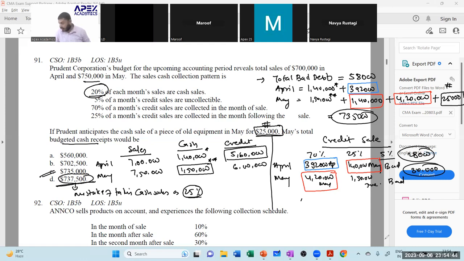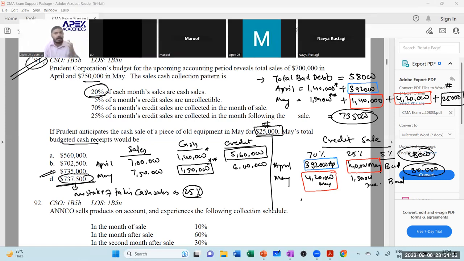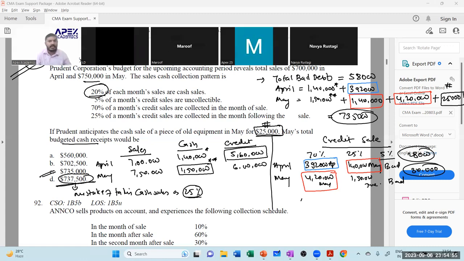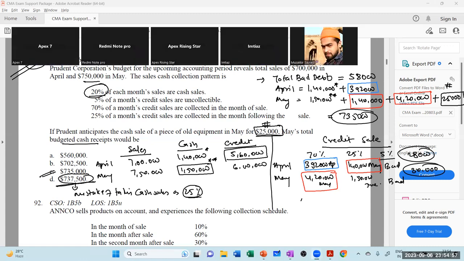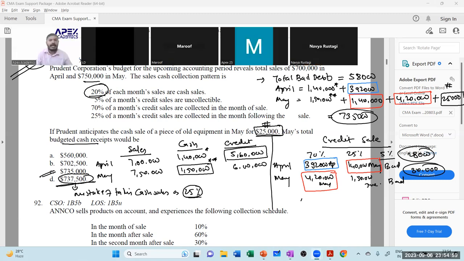Taken? Question number 91. Anybody who had doubts in this, they are now resolved. I don't know who had doubts in 91, but whoever did, they are now resolved. Now we go to 92. Screenshot is taken, Rachita?